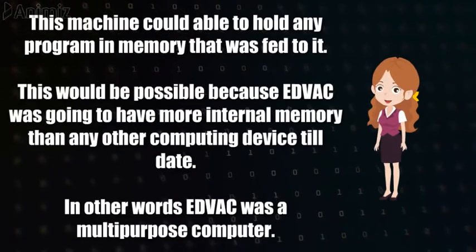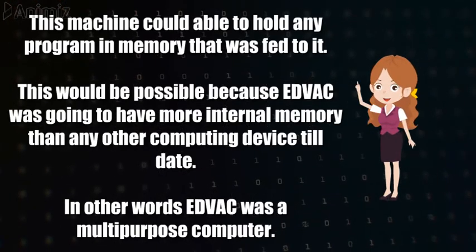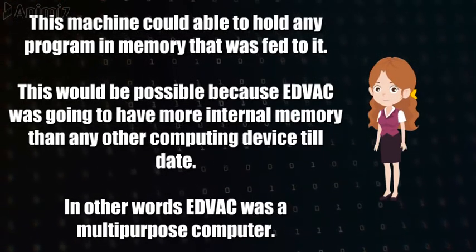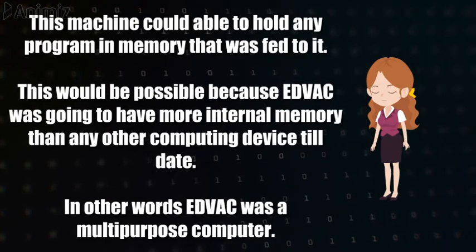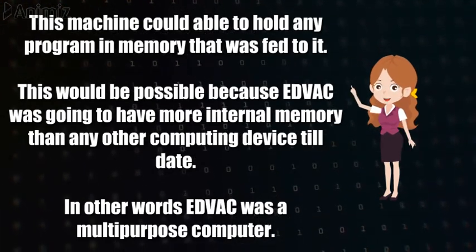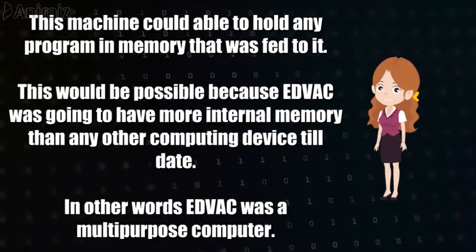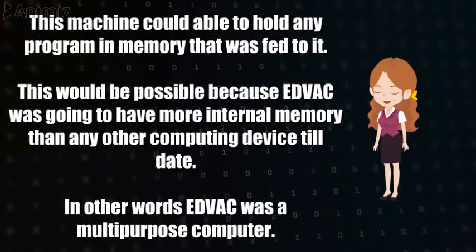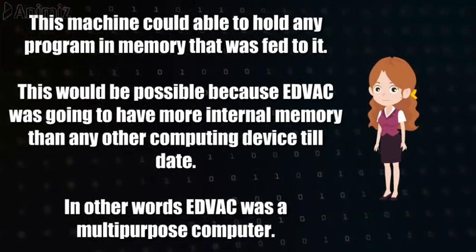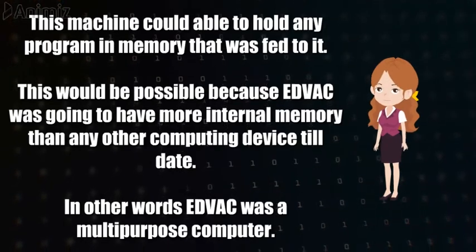This machine could hold any program in memory that was fed to it. This was possible because EDVAC was going to have more internal memory than any other computing device to date. In other words, EDVAC was a multi-purpose computer.